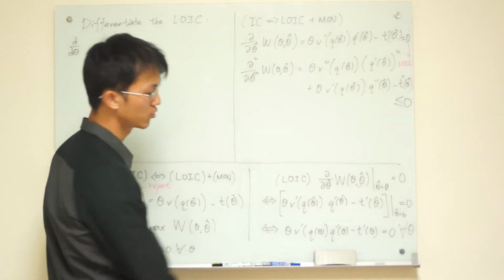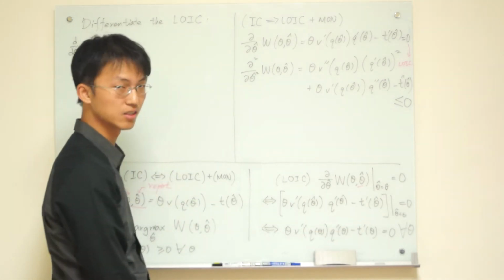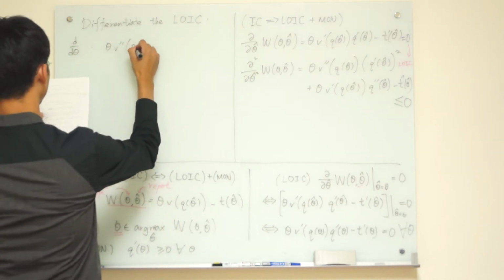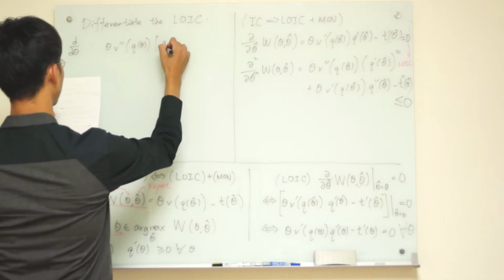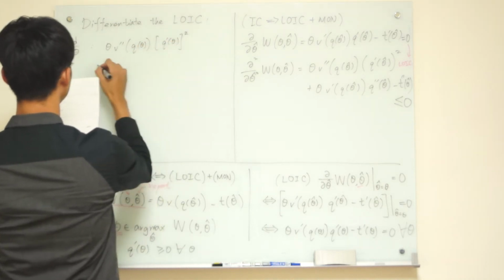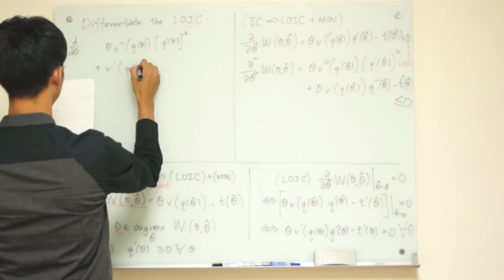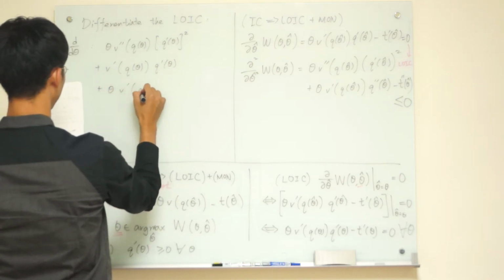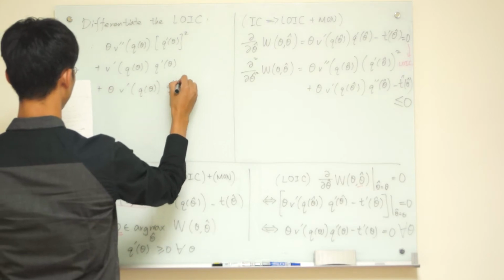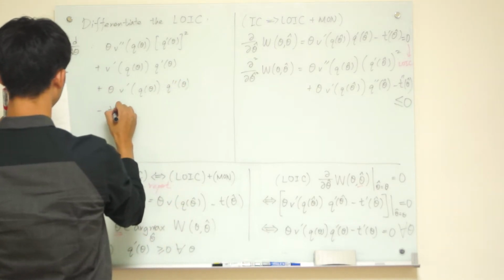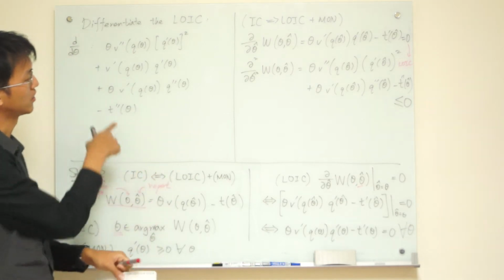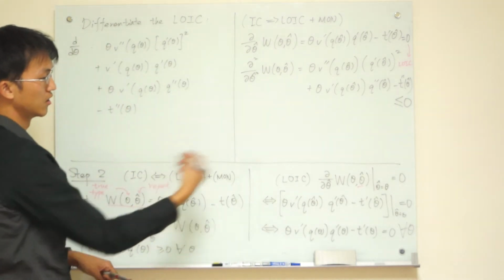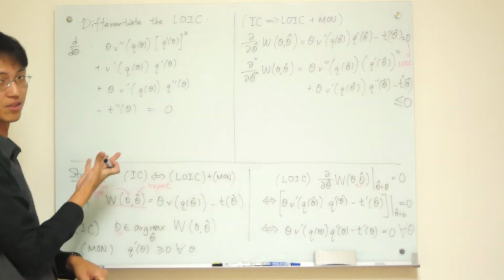So when you apply the product rule, this term will become 3 terms. Let me write it down. This is what you will have when you do the differentiation at the left-hand side. For the right-hand side, 0 gets to 0, so you have this equality.